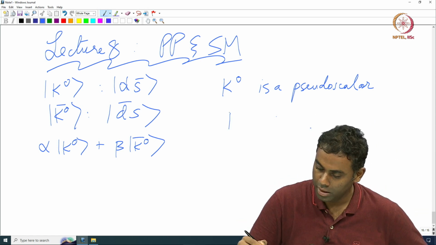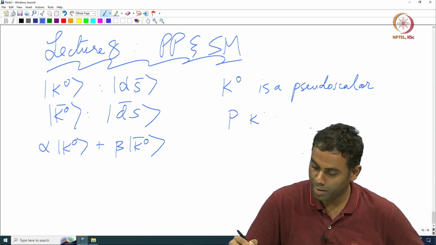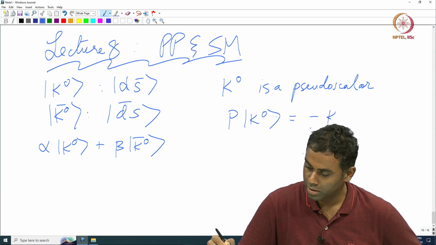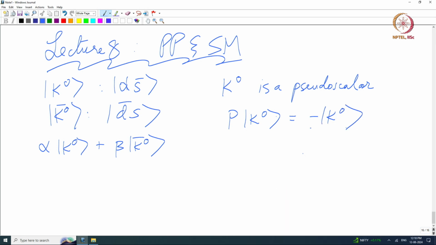What does that mean? It means if I apply parity on K0, it has eigenvalue -1, correct. Similarly, parity applied to K0 bar also has an eigenvalue -1. Okay. What about charge conjugation? Is K0 a charge conjugation eigenstate?